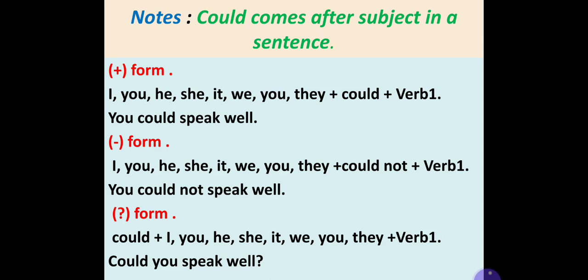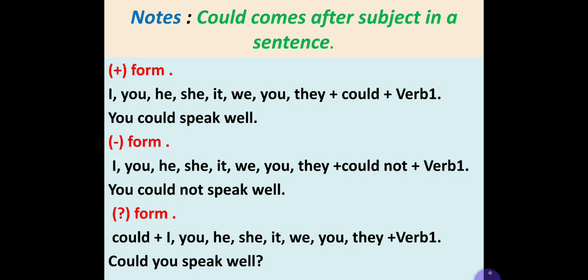After subjects, you can add could, then verb 1. Okay, let's read this example. You could speak well. You here is the subject, then could speak, this is verb 1.